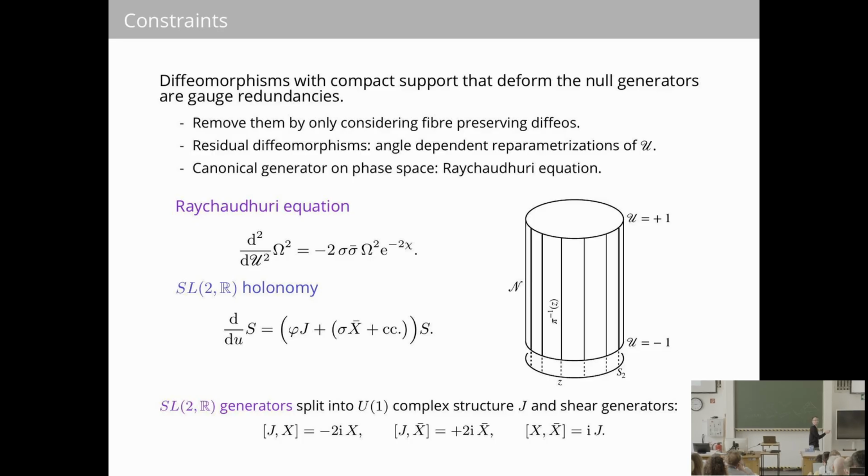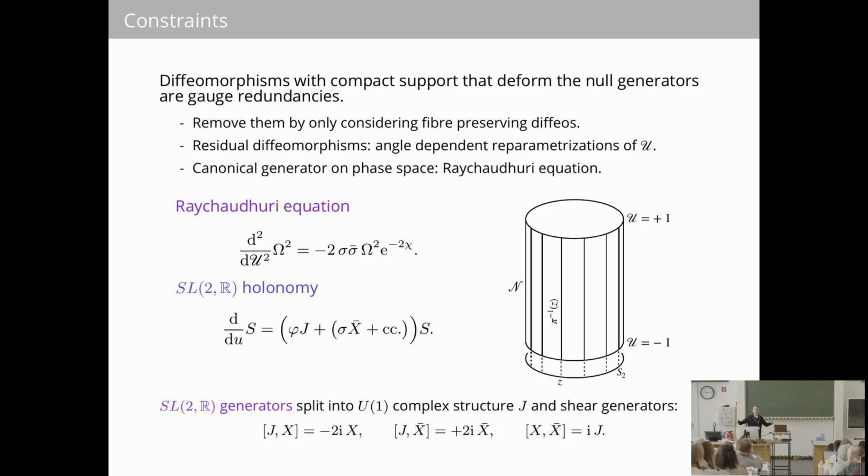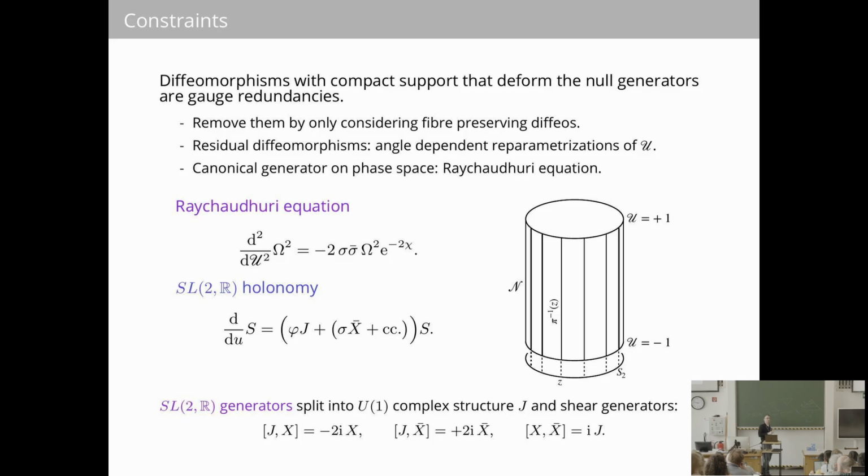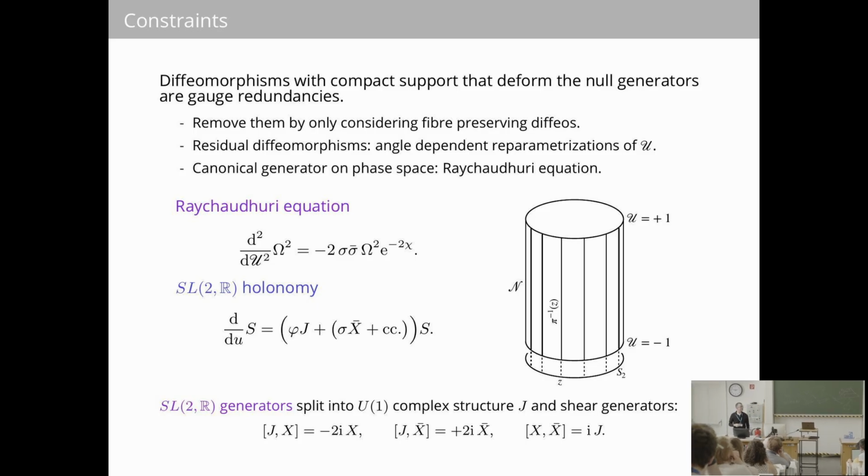It tells you that the second time derivative of this conformal factor omega is given by the shear, encoding the action of gravitational waves passing through the null cone. So if a gravitational wave passes through this cone, the two-dimensional geometry is kind of squeezed. And this squeezing is encoded into these shear variables.